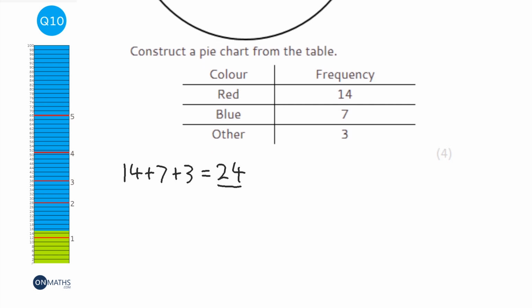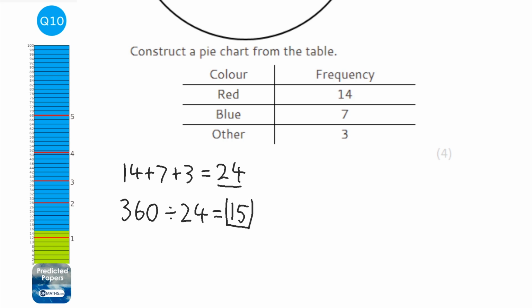We do that really simply by doing the calculation 360 divided by whatever the total of the frequencies are. So 360 divided by 24 on the calculator equals 15. So this 15 here, if we multiply all 3 of our numbers by 15, we will get the amount of degrees we need each colour to be.